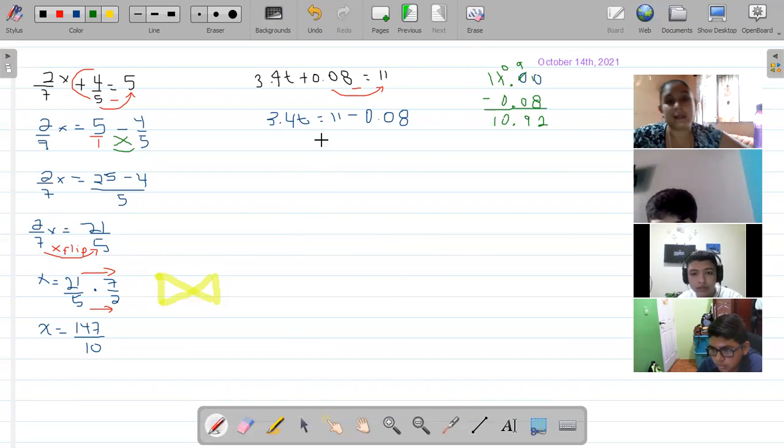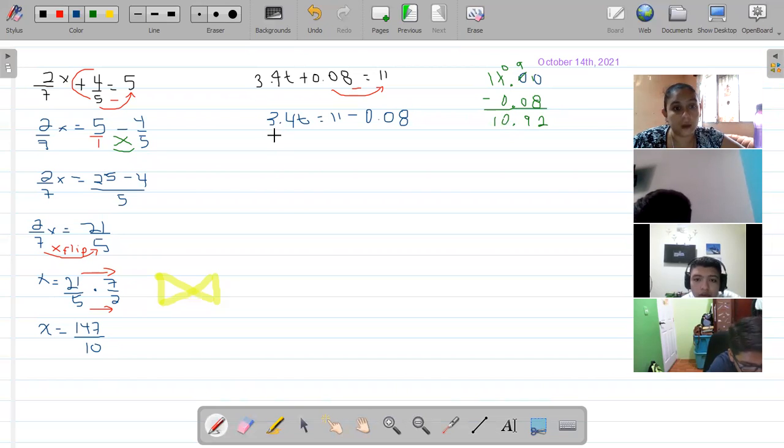So it is 10.92. Remember, I need to align decimal point with decimal point, both in my procedure and in my answer. So now I got 3.4t is equal to 10.92.